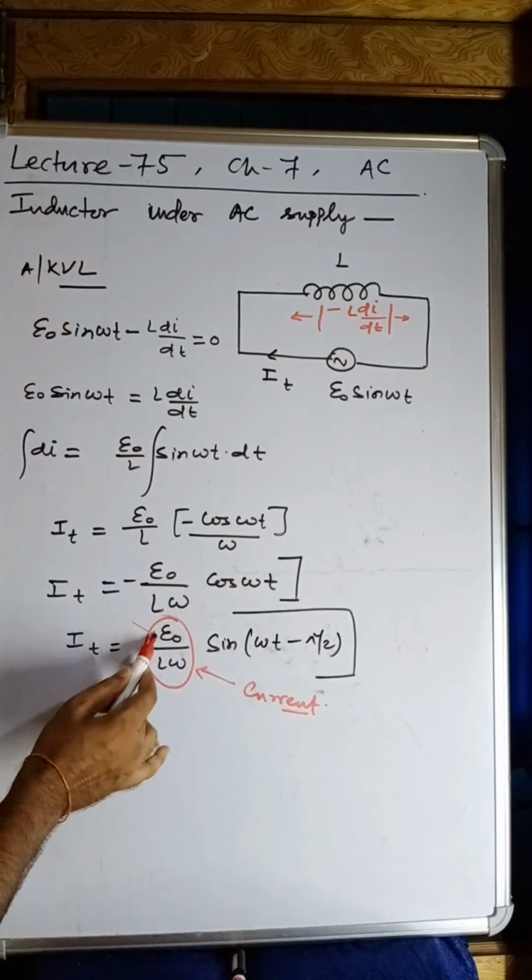If this value is larger, I naught will be smaller, so the current will be smaller. If it is larger, it means it is resisting the current with its maximum value. If it is very high, it means it is capable of blocking the current. Am I right? If it is very high, then this will be able to block the current.